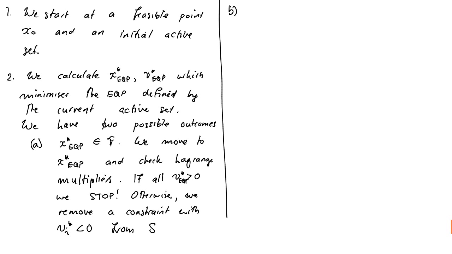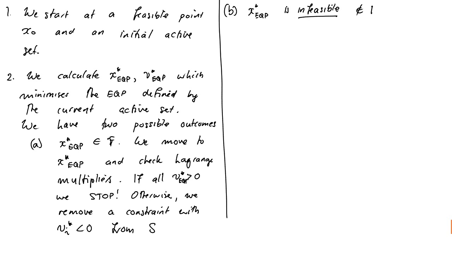So B, the other case that might arise is that our x star EQP is infeasible. Not so good. So what are we going to do here?